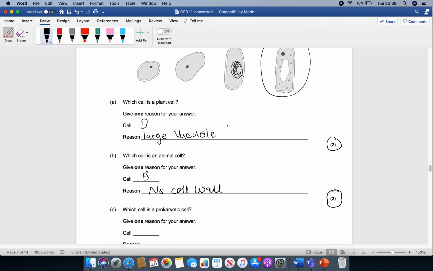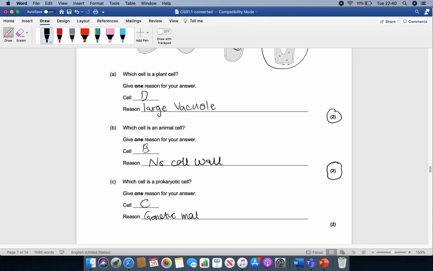So C, and the genetic material is not in the nucleus, and that will give you your 2 marks.